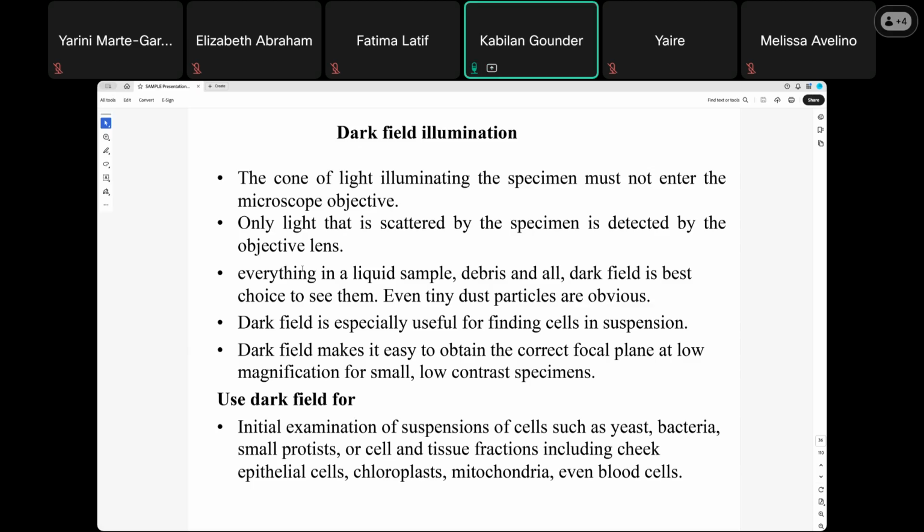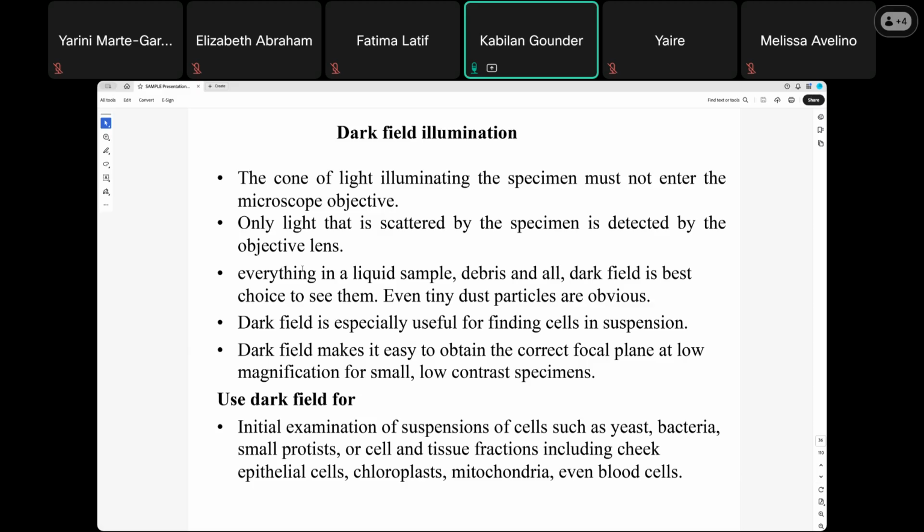Generally, this type of illumination is used for the initial examination of suspensions of cells, yeast, bacteria, tissue fractions, including epithelial cells, chloroplasts, mitochondria, even blood cells, which you can see through this technique.